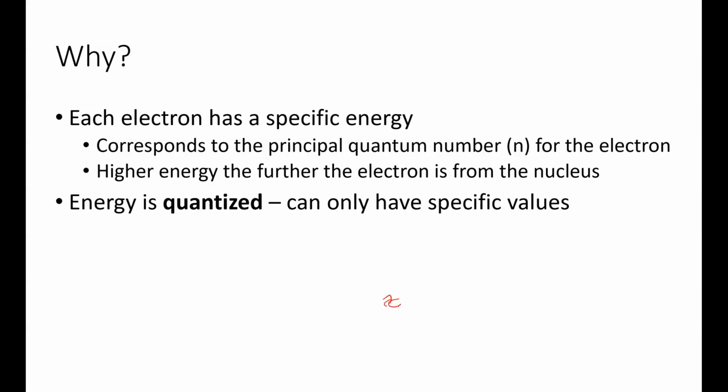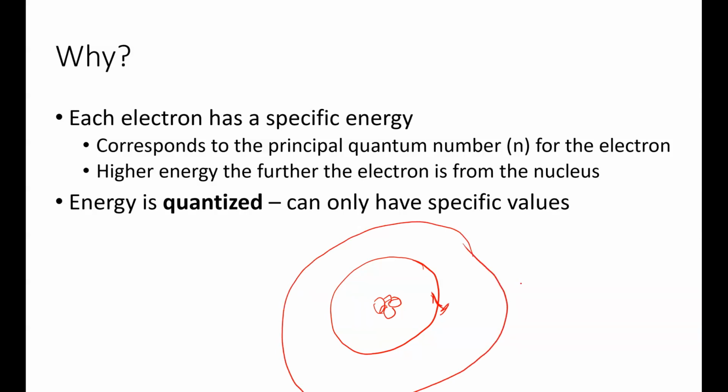So if we've got our nucleus, an electron here might have a number of 1. Further out, quantum number of 2, and so on. 3, 4, 5 can have quite a number of different layers.